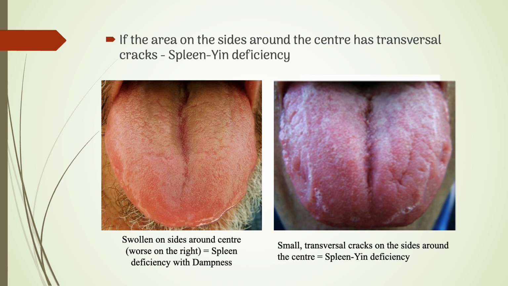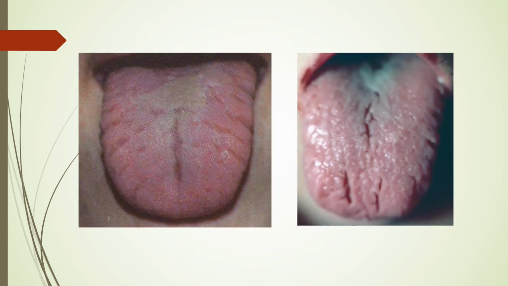On the right image, you have spleen yin deficiency because you could see small transverse cracks on the sides around the center. Okay, here are more tongue images representing spleen yin deficiency.